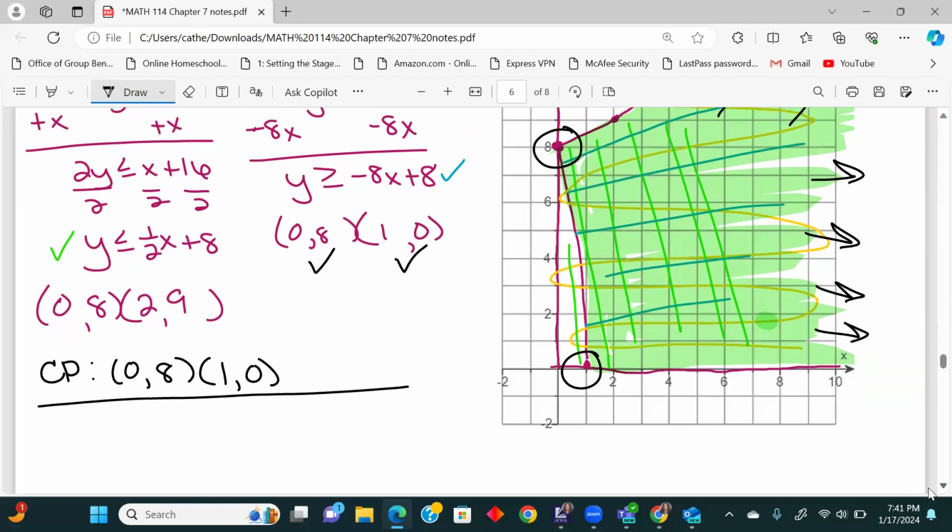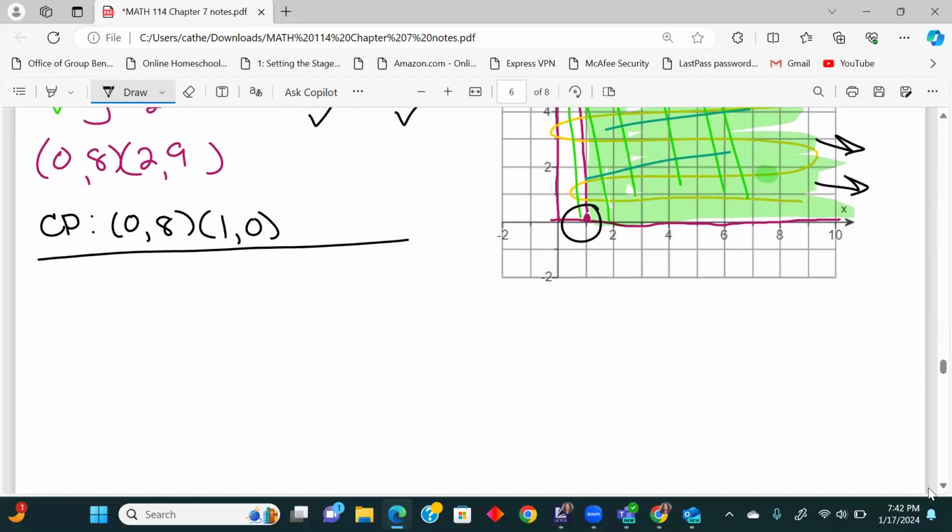Let's see what they're asking us to do. They want us to find the min and the max values. Okay. Z equals 10x plus 2y. All right, so let's plug these in.